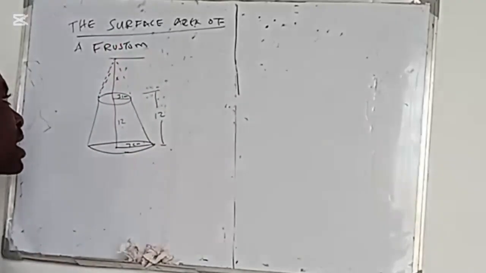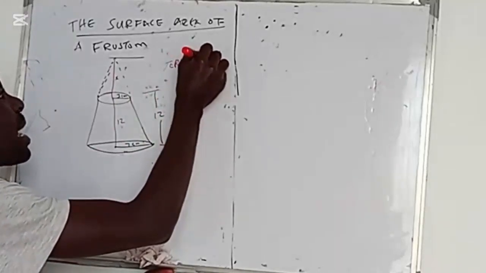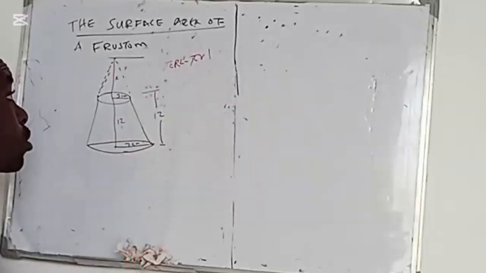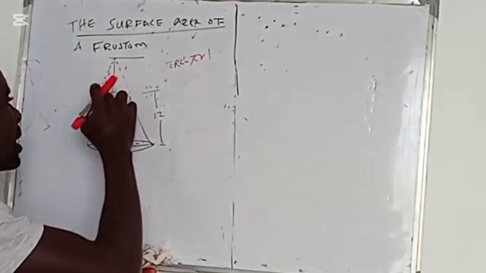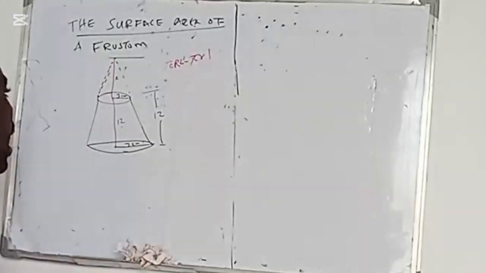This is important for us to understand. And as I said, this is a lampshade, so the formula for it is pi RL minus pi rl, because it's hollow at the top and hollow at the bottom unless stated otherwise.